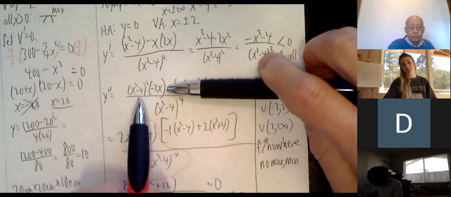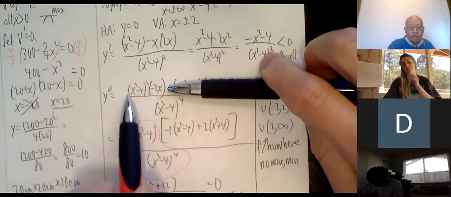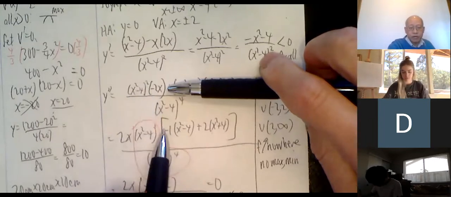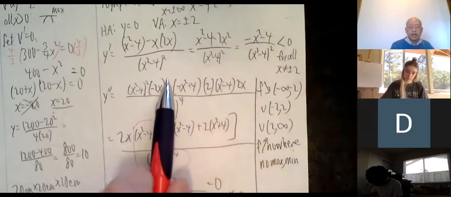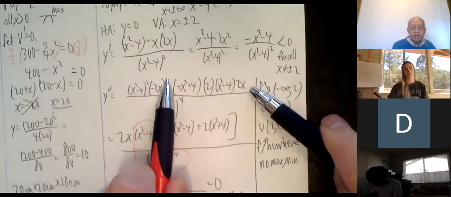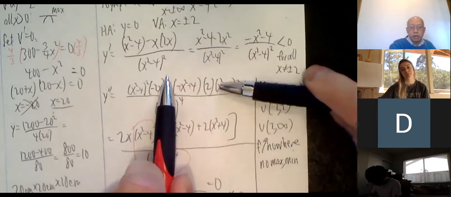So 2x comes out, x squared minus 4 comes out, but there's a square, so there's still another x squared minus 4 and negative 1. How about everything from here on out? I took out that 2x, and I took out an x squared minus 4. So these are all gone.